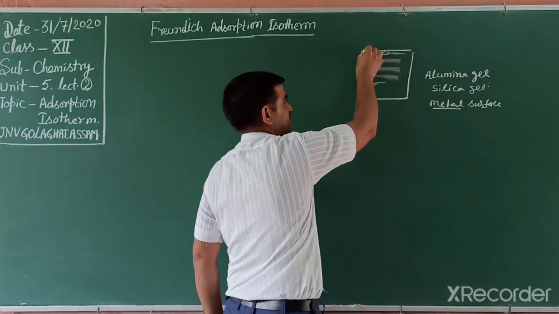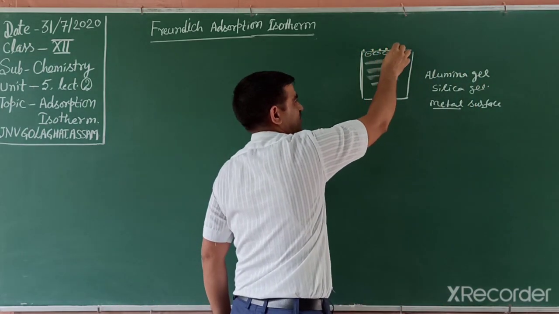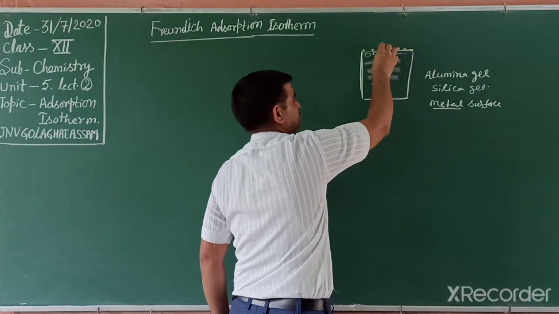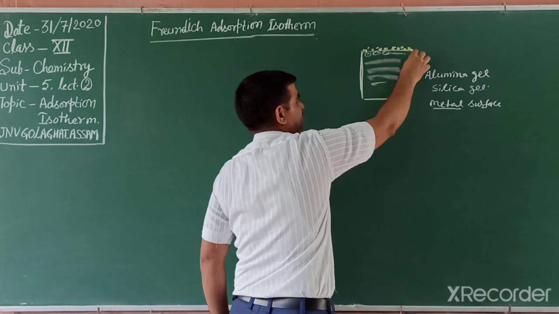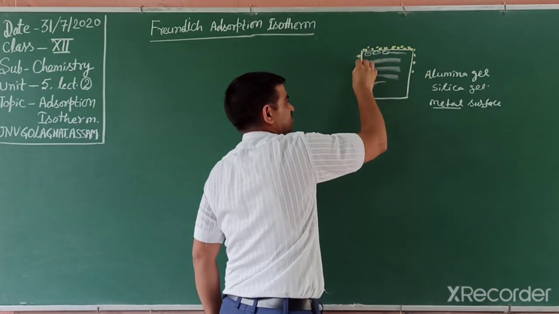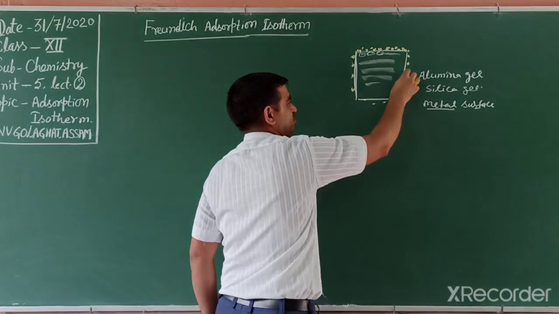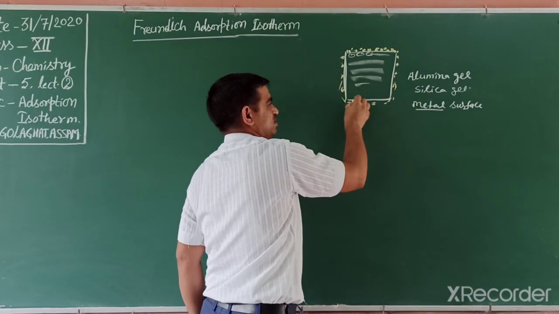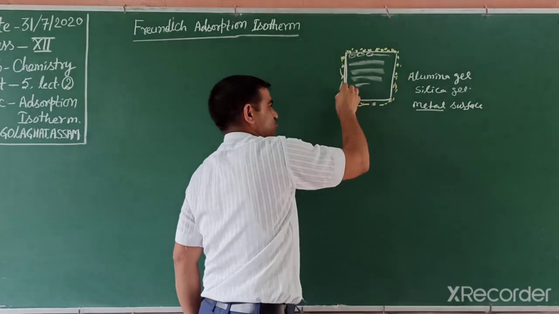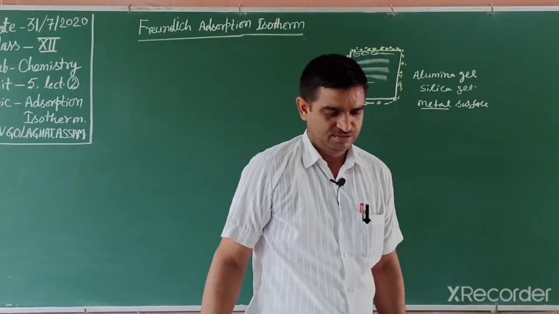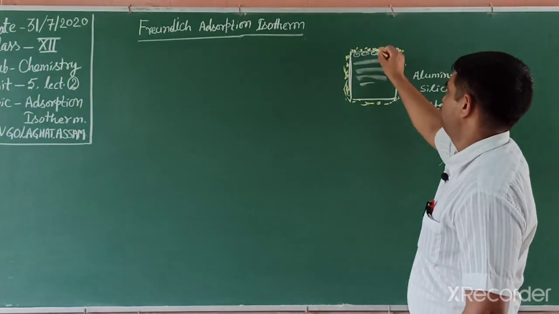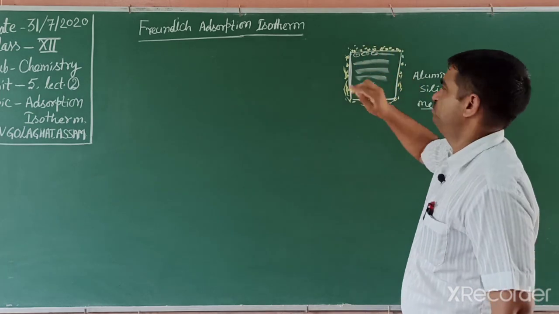Any gas that is adsorbed on this surface. So the gas is adsorbed on this surface, on both sides, the whole area. This is known as adsorption. Yesterday we studied this. So what about the amount of this adsorbate? This is the adsorbate.